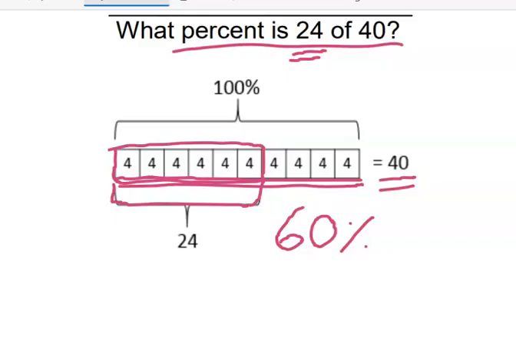Another way you could do it is just set it up so that you have 24 out of 40. You can divide 40 into 24 to see what percent. Because you know it's less than 100% because 100% is 40 of it. So if you did that, you would end up getting 0.6.